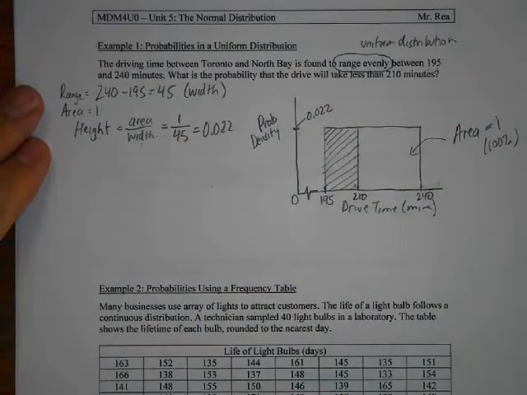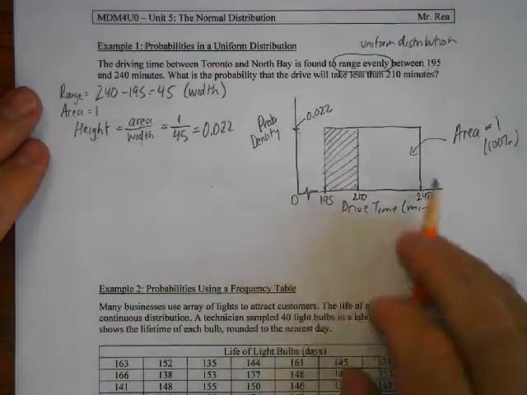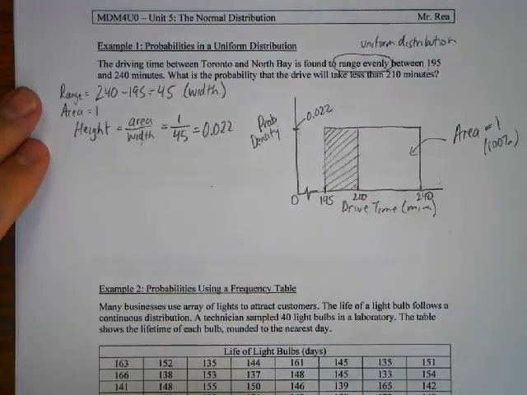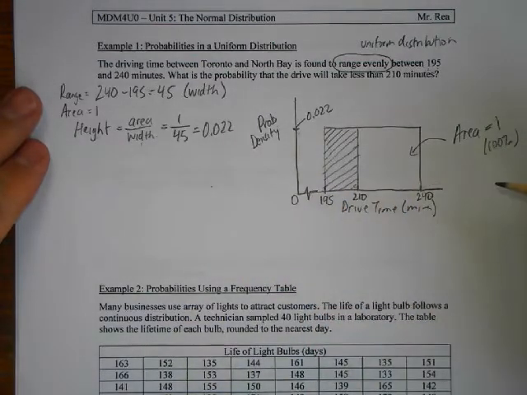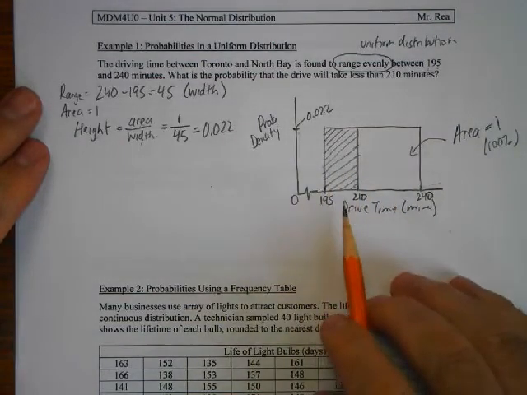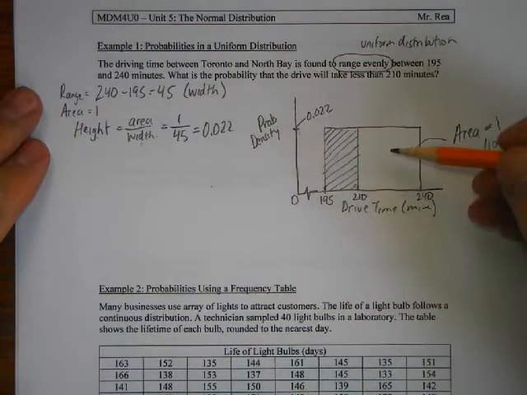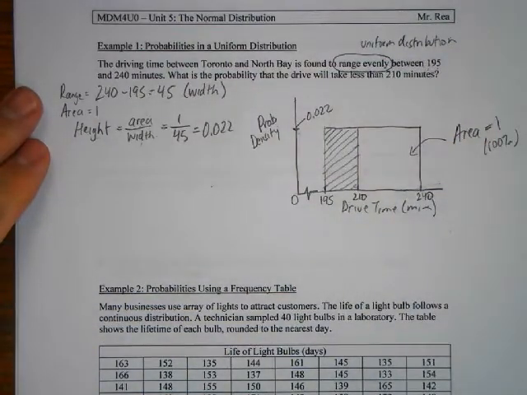Okay, so how do we use this? So if I want to know the probability of a drive time taking a certain amount, well, here's key point number 2. When we use continuous distributions, any of them, I cannot find the probability of a very specific value. So for example, if I said, what's the probability that the drive time is 230 minutes?